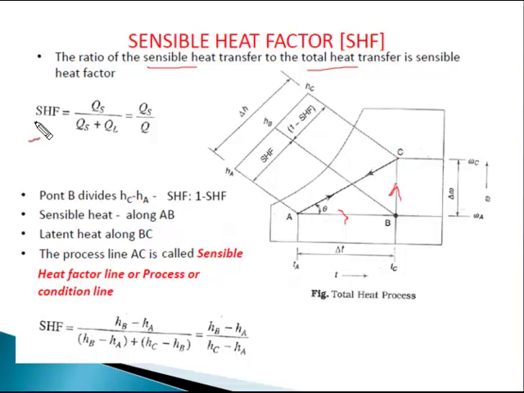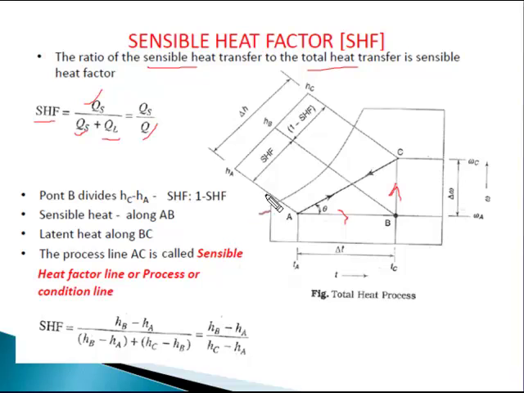Here sensible heat factor is equal to sensible heat divided by total heat, that is the sum of sensible heat and latent heat. Here Qs divided by Q, where Q is the total heat.